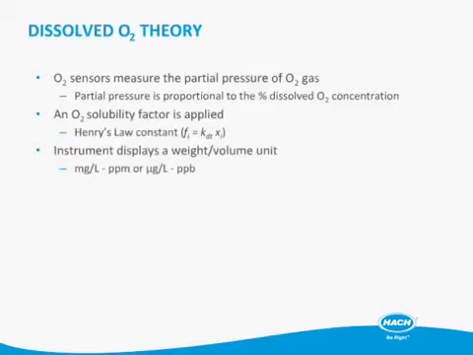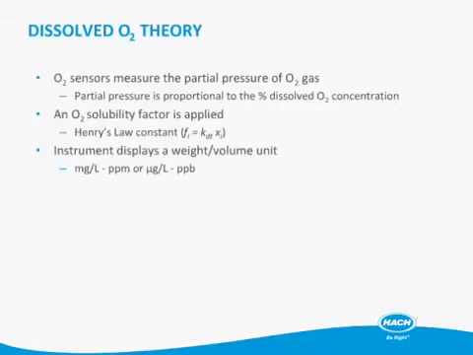Oxygen sensors all measure the partial pressure of a gas. What that really means is that they're measuring the percent O2. So if it's a package with high O2, they're going to be measuring one percentage, or for low O2, a different percentage. Why that's important is that the solubility of oxygen changes in different types of liquid.